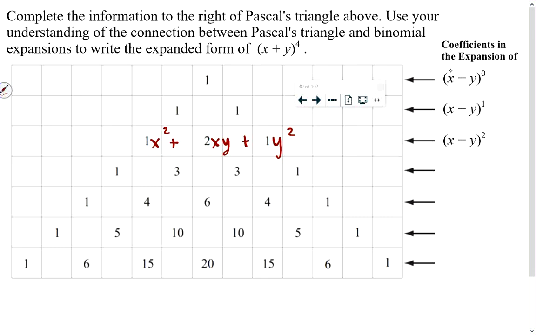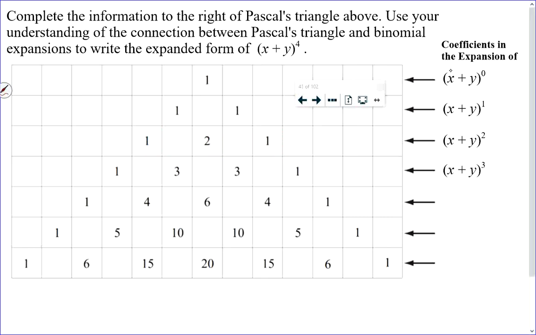And for those of you that might rely on Pascal's triangle later, I don't really want you to focus on this, but you will notice that the exponent on the binomial matches one more row than the exponent. The coefficients for the expansion of x plus y to the 2 are found by looking at the third row of Pascal's triangle.